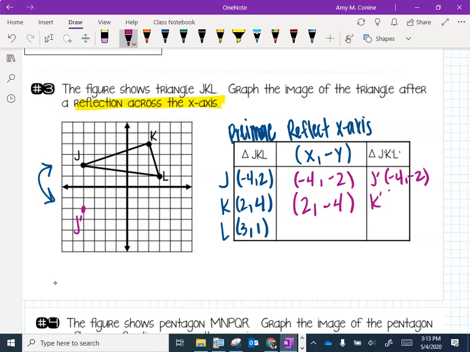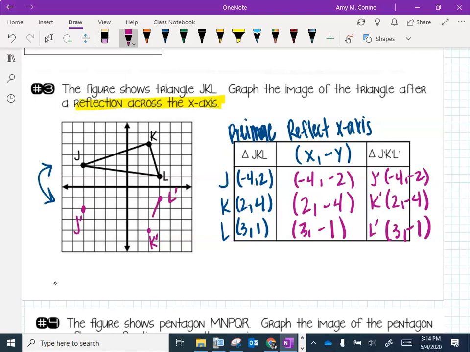So K prime is going to be 2, -4. So let's take a look. So I should still be at 2, but I'm going to go down 1, 2, 3, 4, and that's where K prime should be. So same thing with L. My x value is going to stay the same, but my y value is going to be the opposite. So I should have L prime at 3, -1.